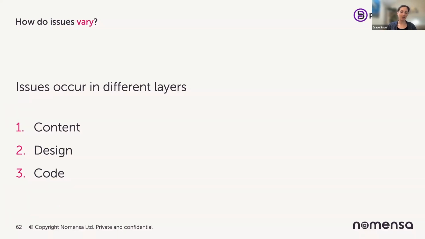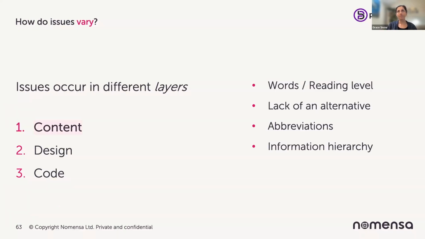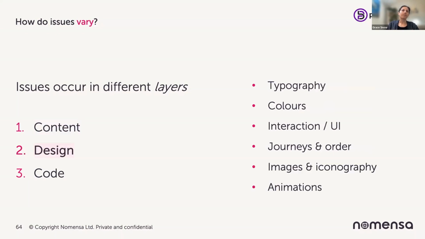That kind of thing can introduce issues. You can also have things like typography, colors, interaction in UI, journeys and order, and the use of images and iconography. For design, I think annotations become really, really important on design files if you're going to ensure a truly accessible design.